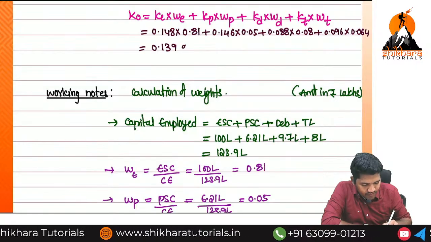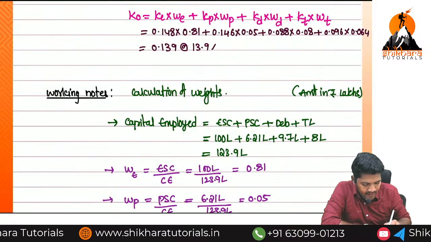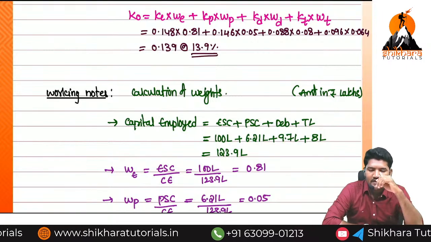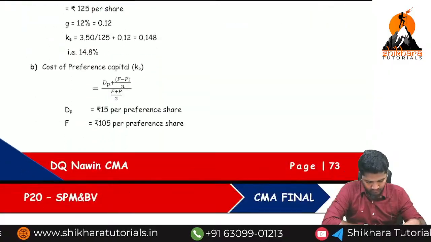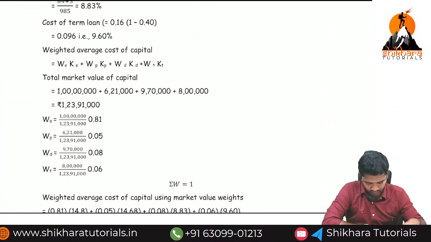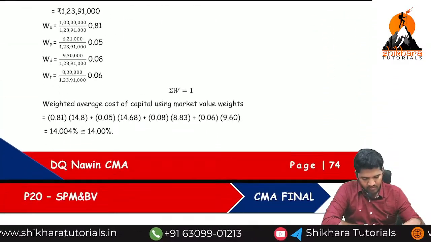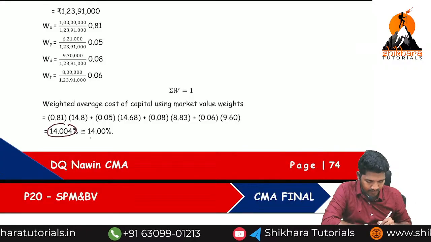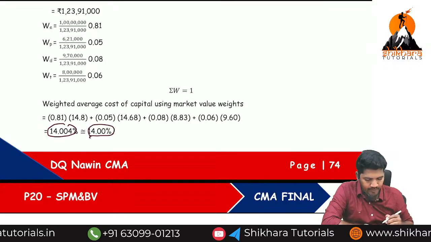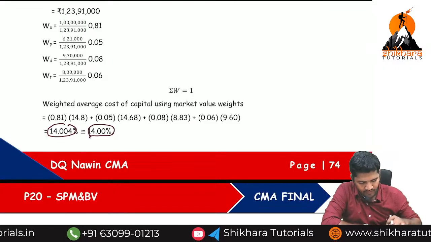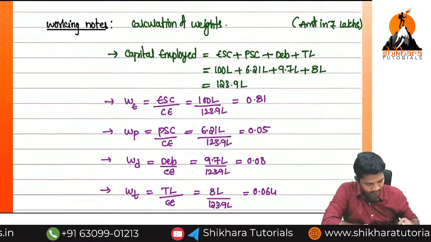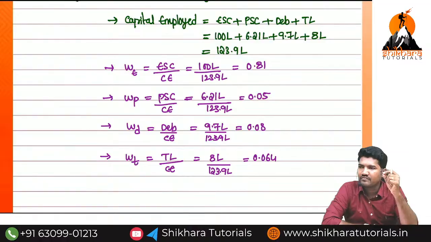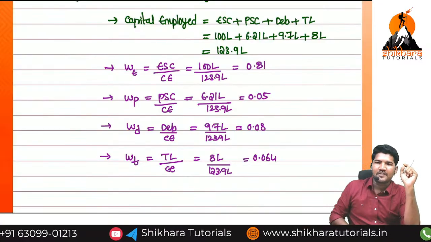0.139. You can also take it as 13.9%. Is it clear, sir? So they received 14.004%. They approximately took how much? 14%. How much do we have? 13 point something. The difference came because of decimals. Are you clear? Don't focus on the decimals.